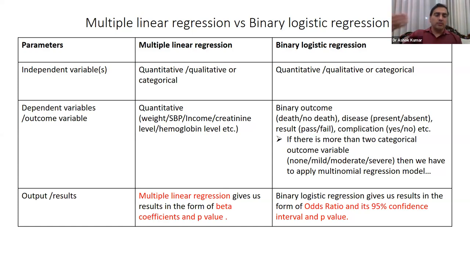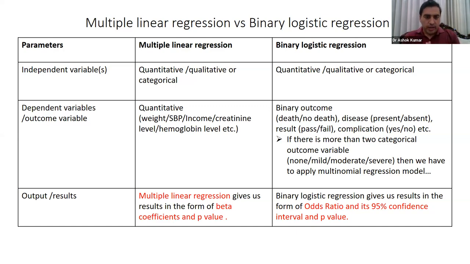And there are multiple independent variables. They may be quantitative or qualitative or categorical. And in that demo, we have included age, BMI, and gender.